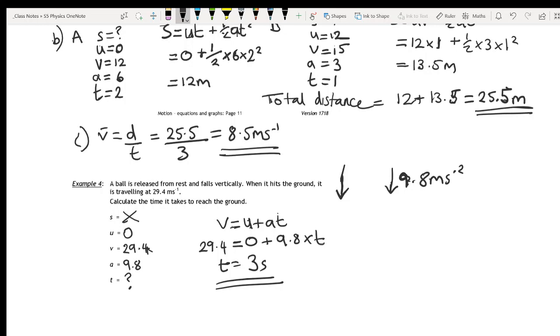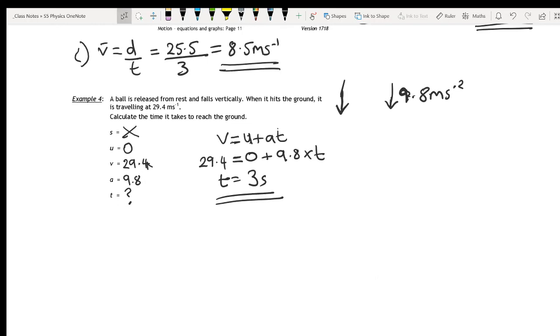Okay, this is where this little piece of paper comes in. Once you've written that, you should have a space underneath it. That's where it's going to go. Because it's important to start thinking about the direction that gravity acts in. So which direction does gravity act in? Downwards.